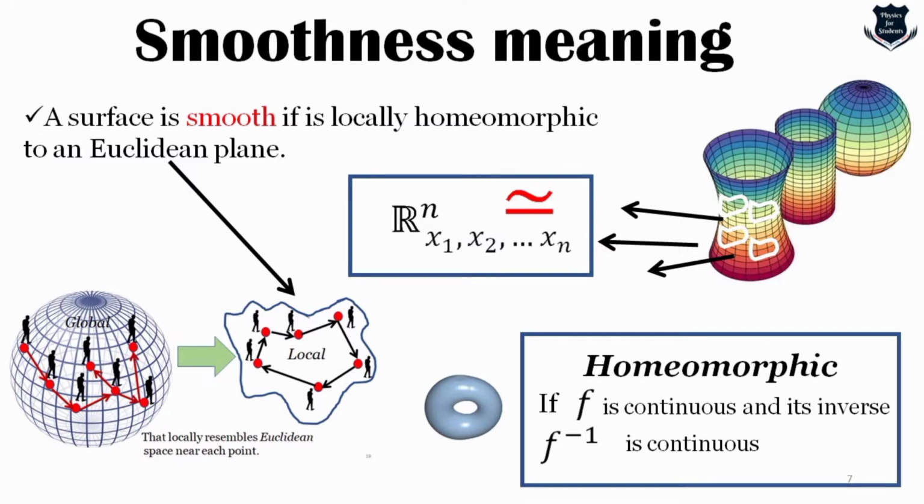When it is turning into a mug and the mug is turning back into the torus, the inverse of the function is also continuous. So this is what I'm trying to tell you: when we say that a surface is smooth, it is locally homeomorphic. Homeomorphic means that if I plot a function, the inverse of the function is also continuous.